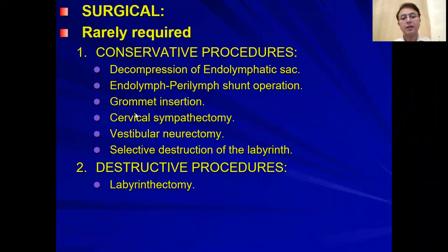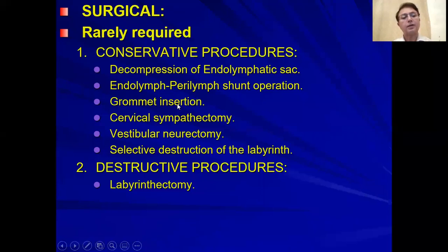And sometimes a shunt is placed, so that when the pressure is high, a one-way valve allows, after a certain pressure, just like a dam, it opens up and allows the pressure to leak into the mastoid cavity. It's a shunt procedure.